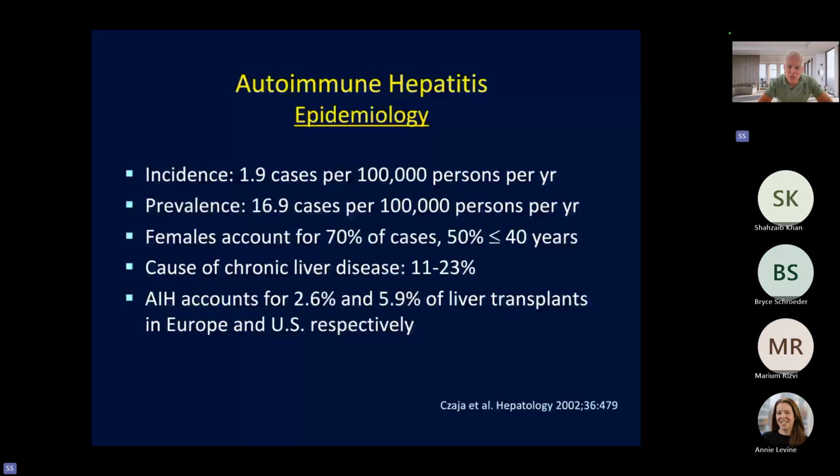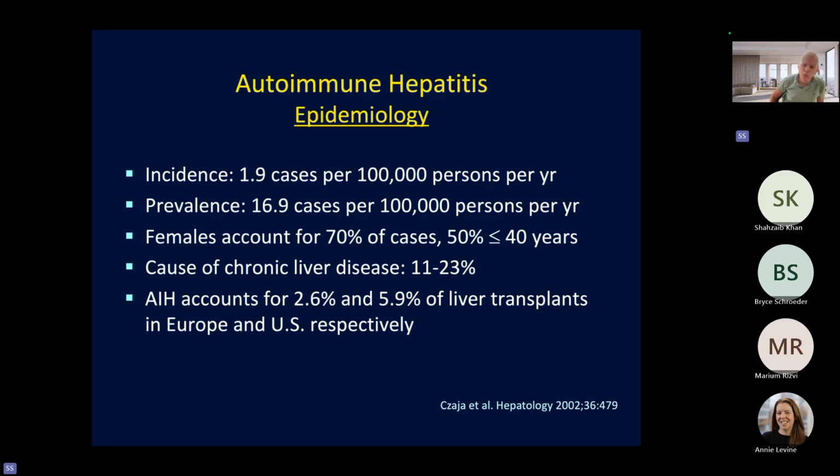Overall, the incidence of autoimmune hepatitis is about 2 cases per 100,000 persons per year. Its prevalence is about 17 per 100,000. Interestingly, females account for 70% of cases.